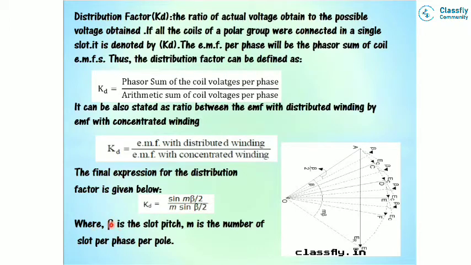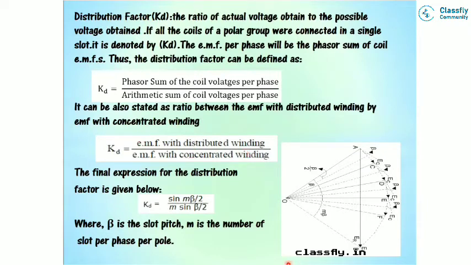Here beta is the slot pitch and m is the number of slots per phase per pole. So distribution factor is quite simple. It is the EMF with distributed winding by concentrated winding.